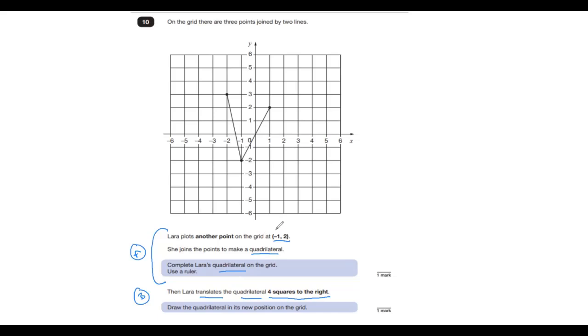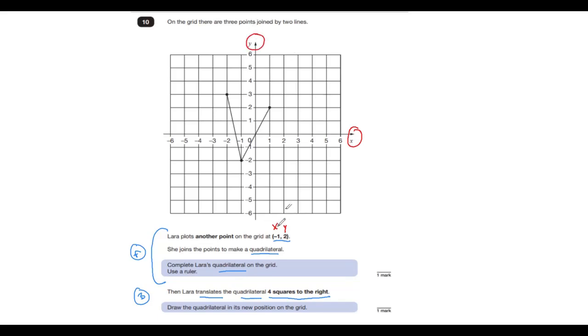So she plots another point on -1, 2. So we know that -1 is on the X line, 2 is on the Y line. And this here is the X line, and this here is the Y line.